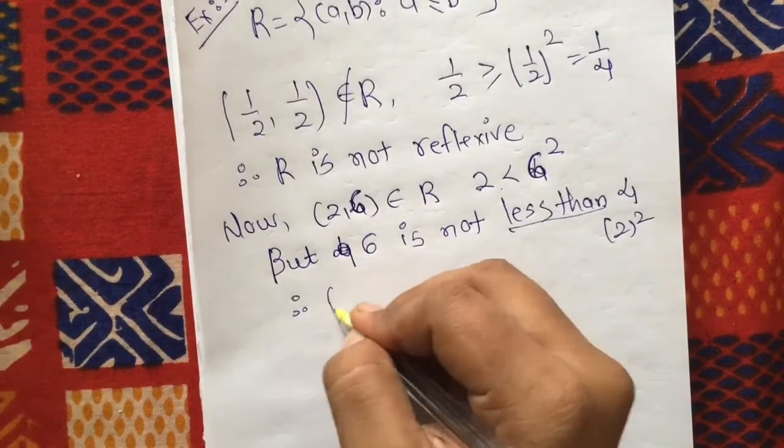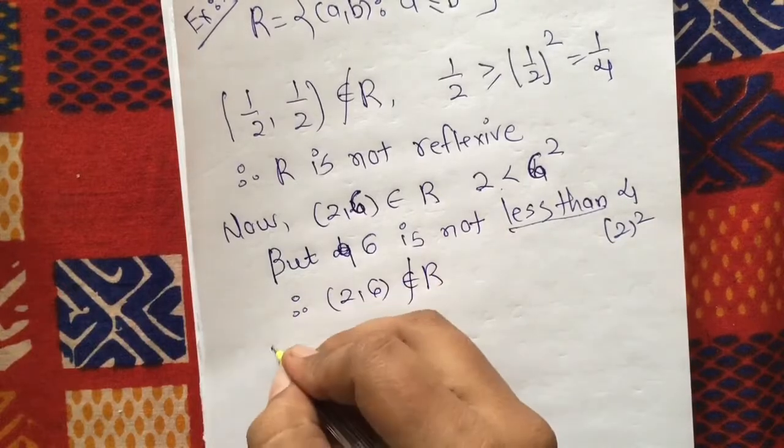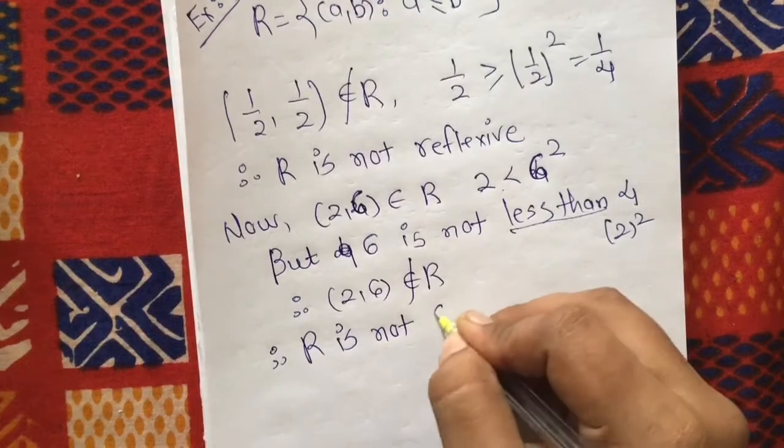Therefore (6, 2) does not belong to R. Therefore R is not symmetric.